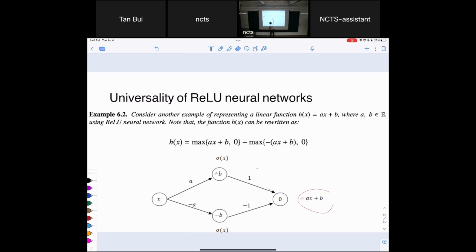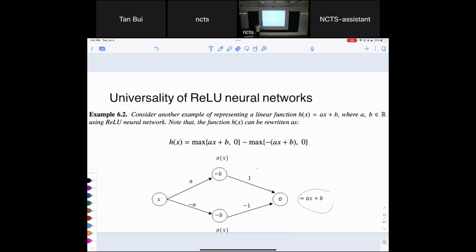This is the output of this one and the output of this one. This difference is nothing more than one times the output of the first, and negative one times the output of the second, with zero bias again. And this is nothing more than ax plus b. Everybody okay with that? A very simple check.